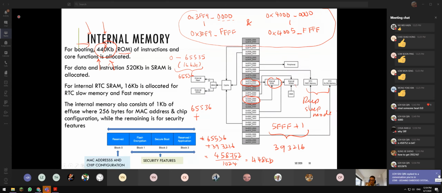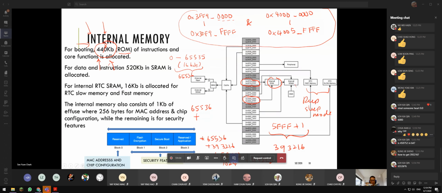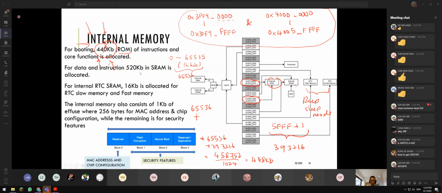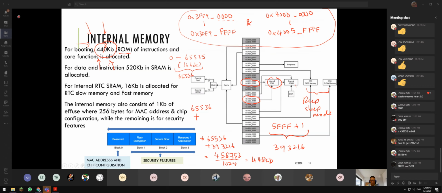I hope that you know what deep sleep mode is. You can calculate how much memory has been allocated for these two. Another thing, 500K SRAM, and internal RTC 16K. You can calculate whether it's correct or not. We also have 1 KB eFuse, with 256 bytes for the MAC address and chip configuration.